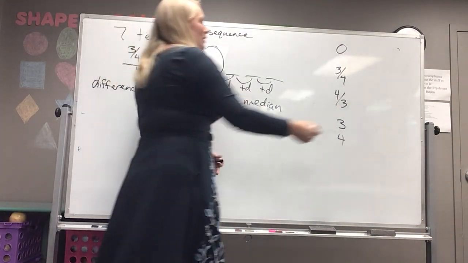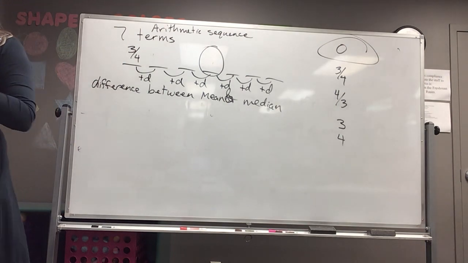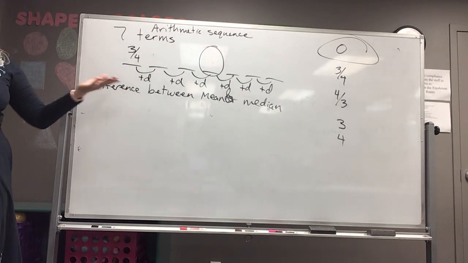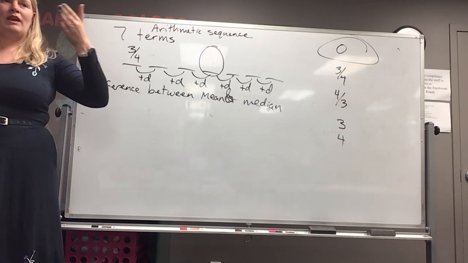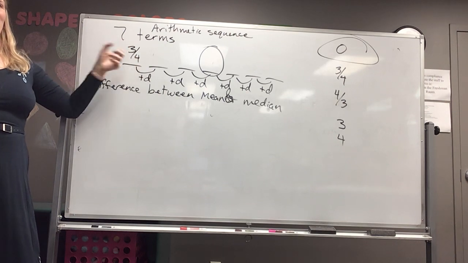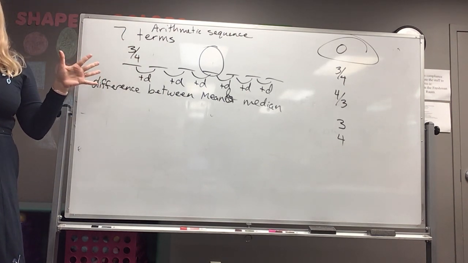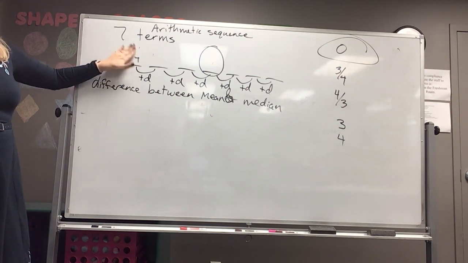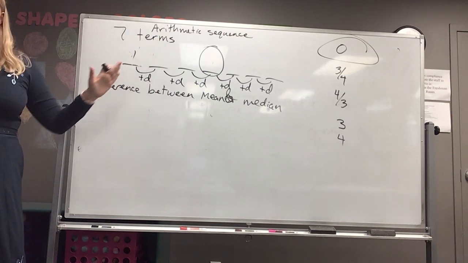The mean and the median, difference between them is 0, because there's no numbers to pull them apart from each other. If you had 1, 2, 3, 4, 5, honestly, this throwing the 3/4 at you makes this a way harder problem. If they didn't give you the 3/4, even though it means nothing, if it had just been 1, you could have calculated this so fast.